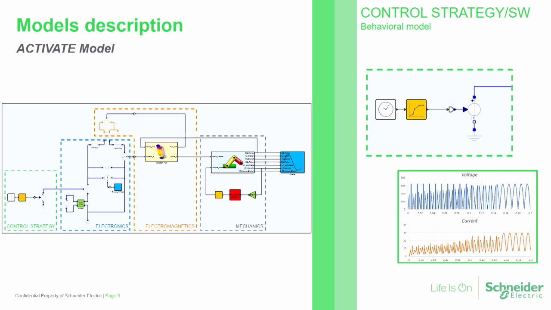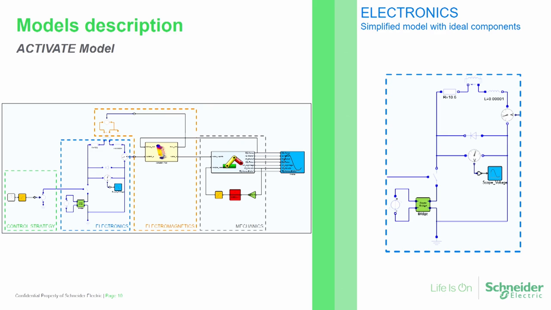So let's take a closer look at the model. In green, on the left, you have what we could call the software or the control strategy. It's a behavioral model that mimics the microcontroller, and we use a simple table lookup to chop down the voltage. In blue, the power electronics, which is again a simplified model with Modelica components.